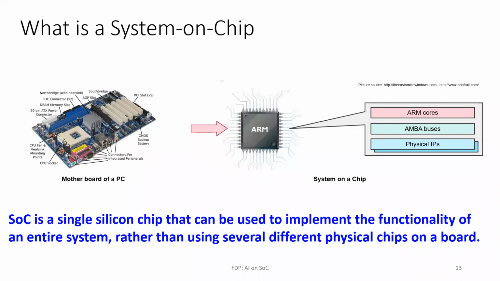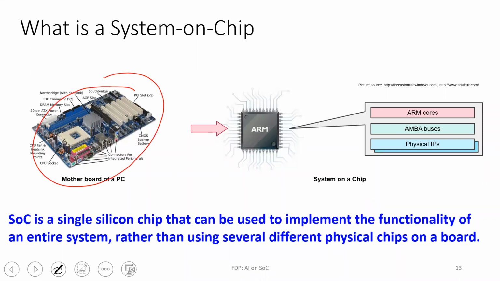So you can see that this one is the system on board, which means you have one PCB board where you have multiple different systems or chips, but they are externally connected. While the system on chip is that you have a single chip and all this functionality is embedded inside the system on chip, in a chip. So system on chip is like a more integrated version of the system on board.